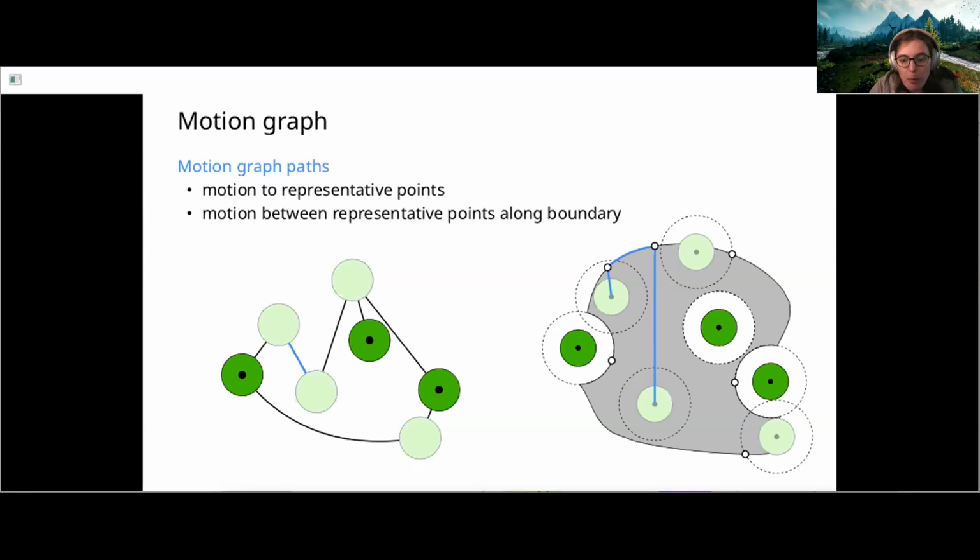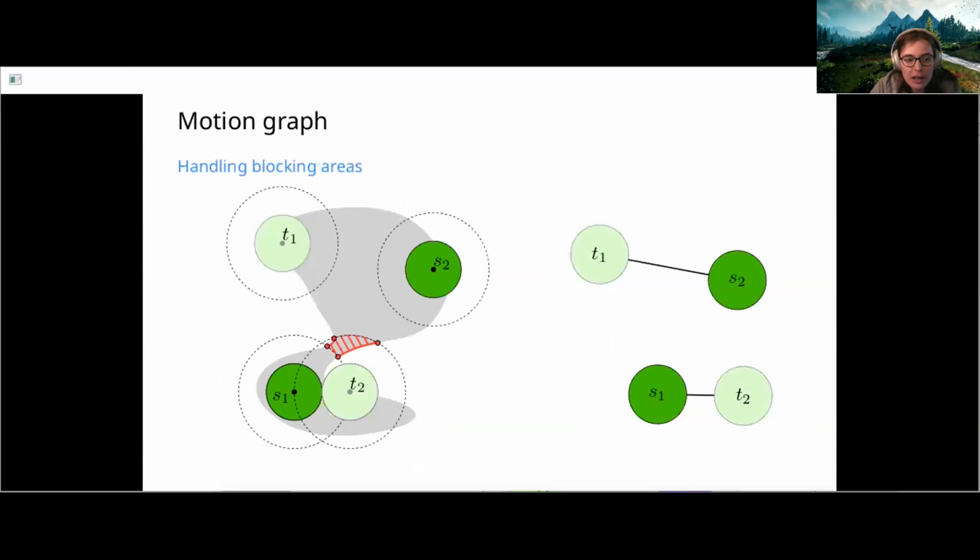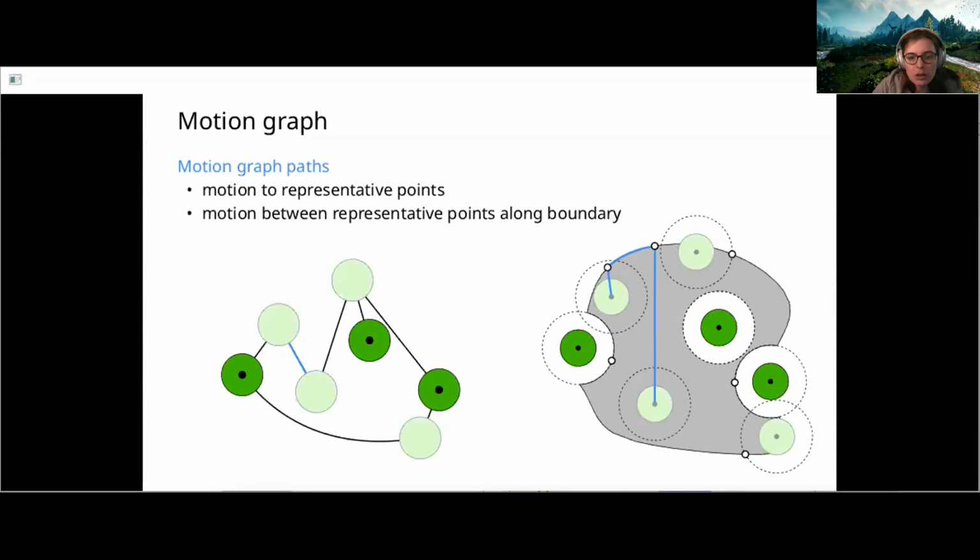Now, back to blocking areas and how we are going to deal with those. Here we don't have any blocking areas, and thus we can build this motion graph, and none of the edges are obstructed in any case.